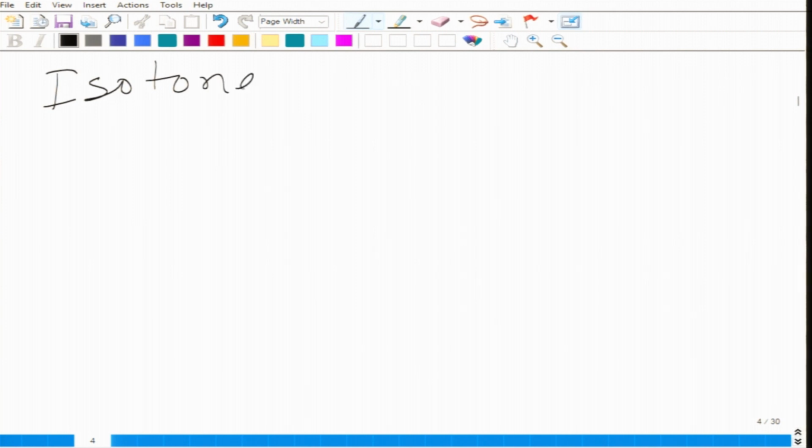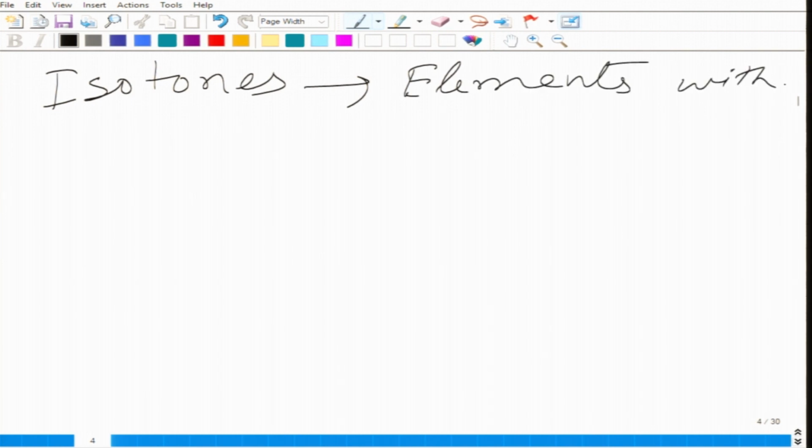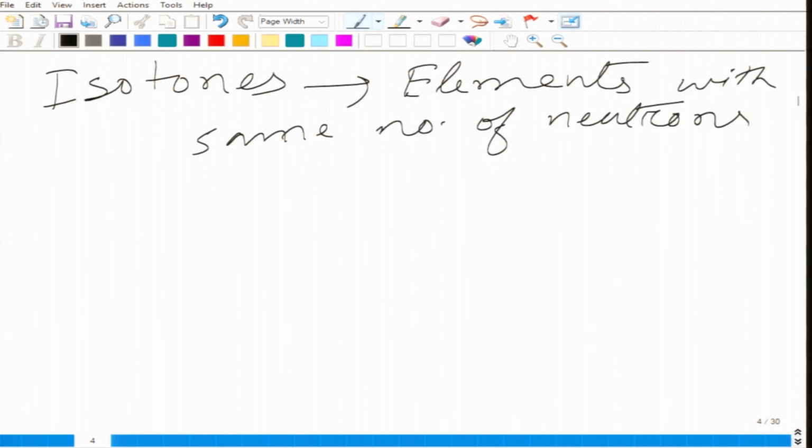The next one was isotones. Isotones are elements with the same number of neutrons. Okay, so like tritium and helium. Tritium has atomic number 1 and mass number 3.